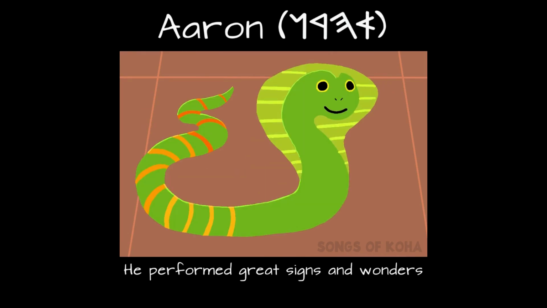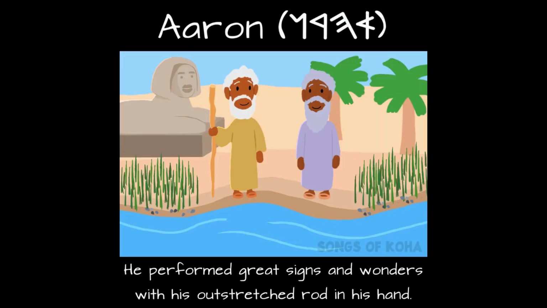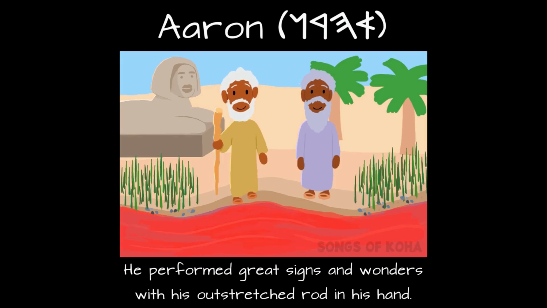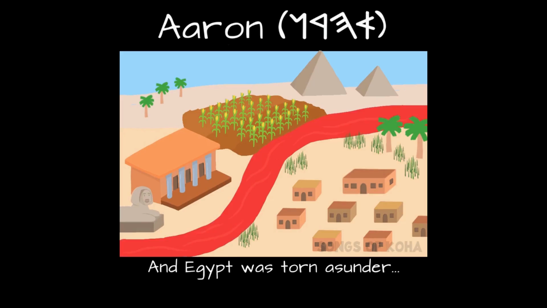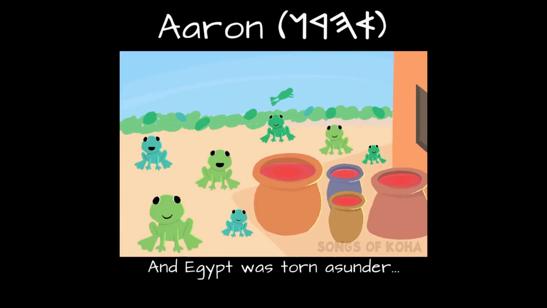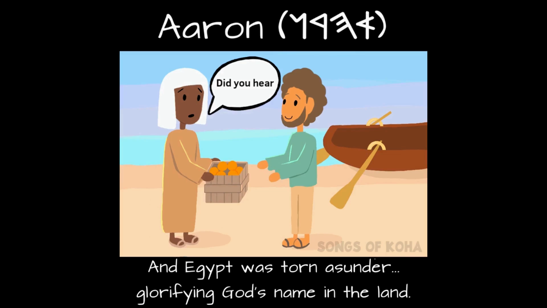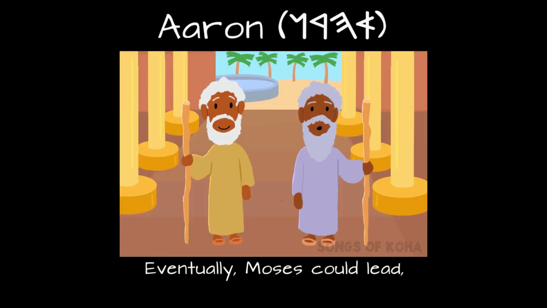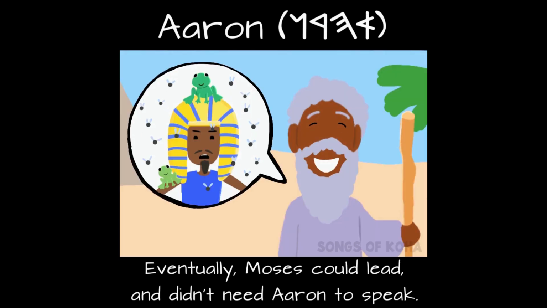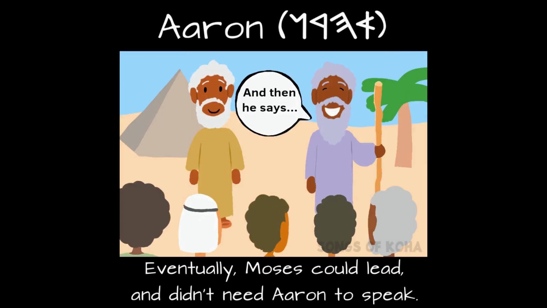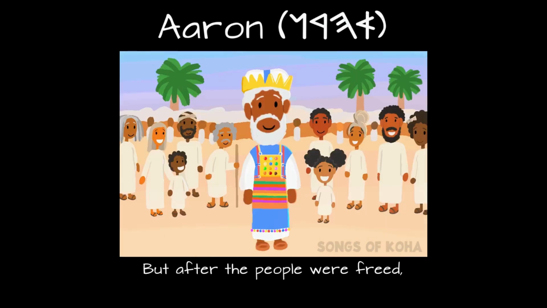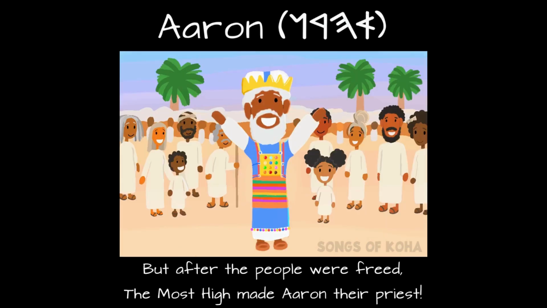He performed great signs and wonders with his outstretched rod in his hand. And Egypt was torn asunder, glorifying God's name in the land. Eventually, Moses could lead and didn't need Aaron to speak. But after the people were freed, the Most High made Aaron their priest.